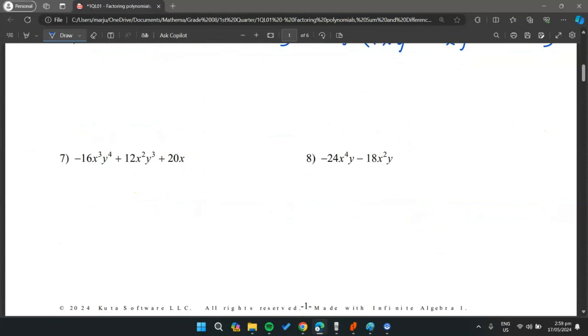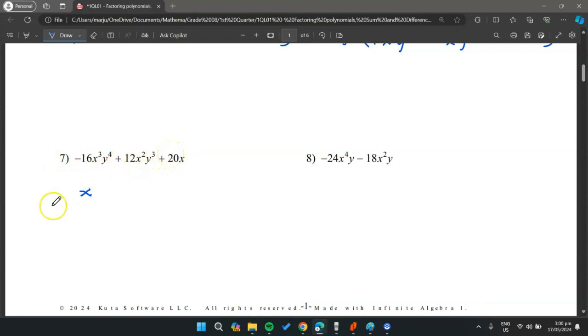Number 7, we are given negative 16x cubed y to the 4th power plus 12x squared y cubed plus 20x. So what is common? We actually have again the variable x. So we will write x. What about y? Is it common? Alright, we don't have the y. And then the numbers, we have negative 16, 12, and 20.